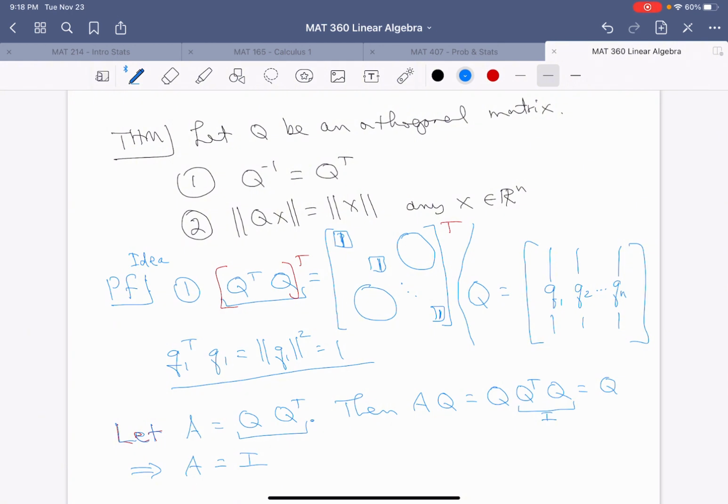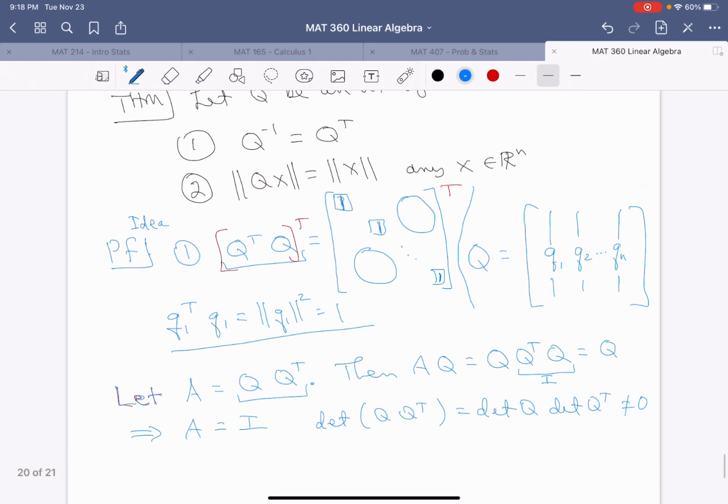Well, we know from our work on determinants that the determinant of the product, which is the determinant of Q times the determinant of Q transpose, cannot be 0. And so each one of those matrices has to be non-singular. Q is non-singular and Q transpose is non-singular. So it is invertible, and the inverse is what it is. So that essentially completes part 1 there.